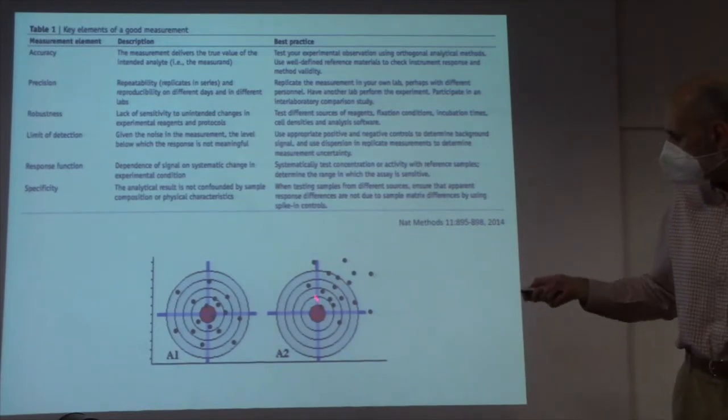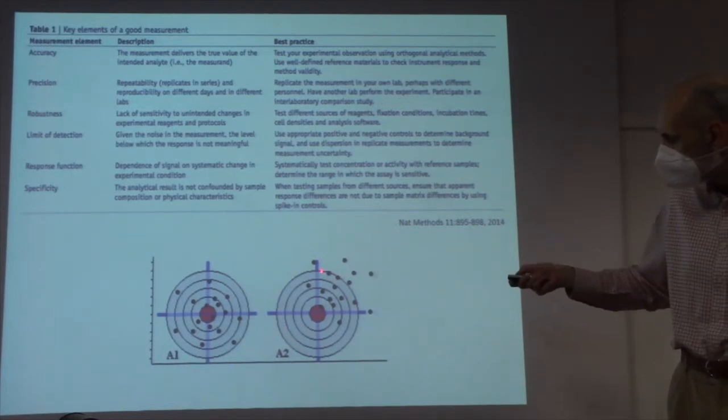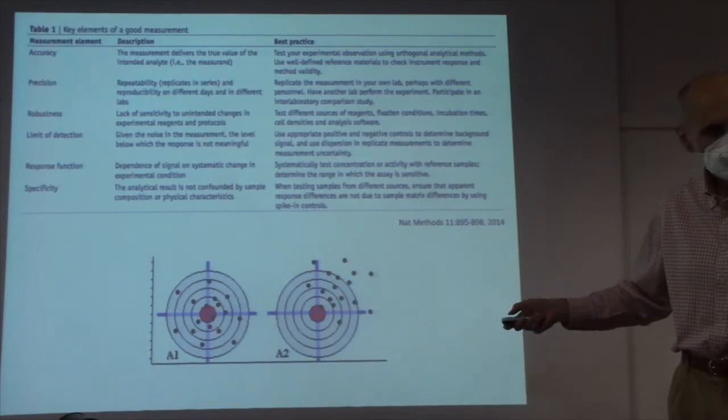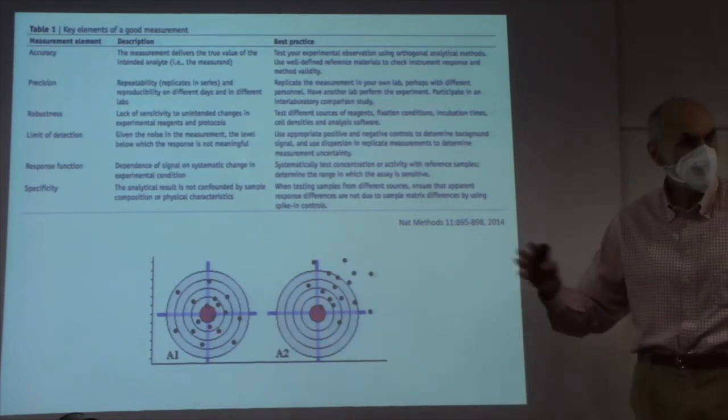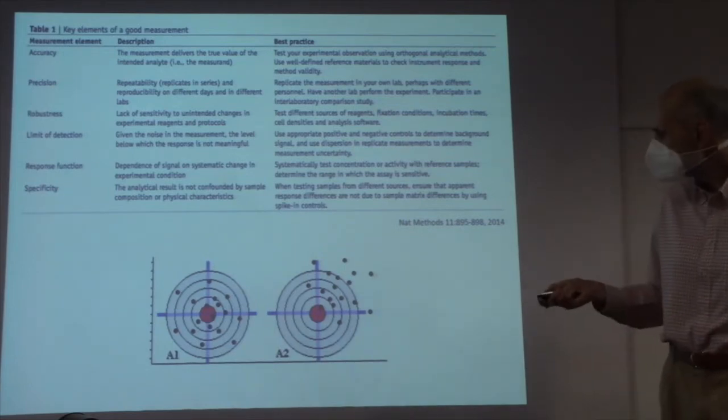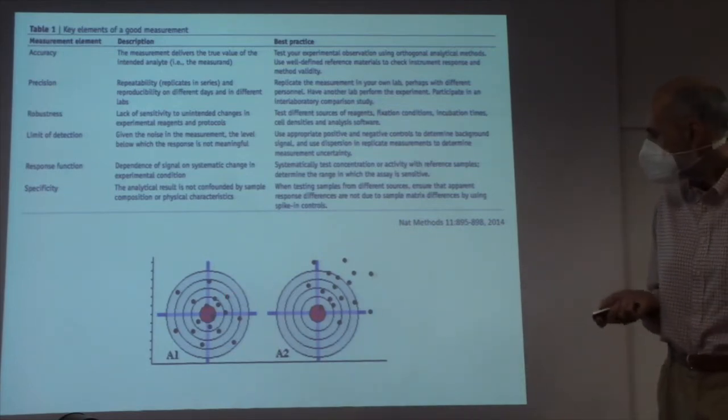In this other target here, the dispersion of the various measures is just about the same as this one. So the average distance between the measures is essentially the same.